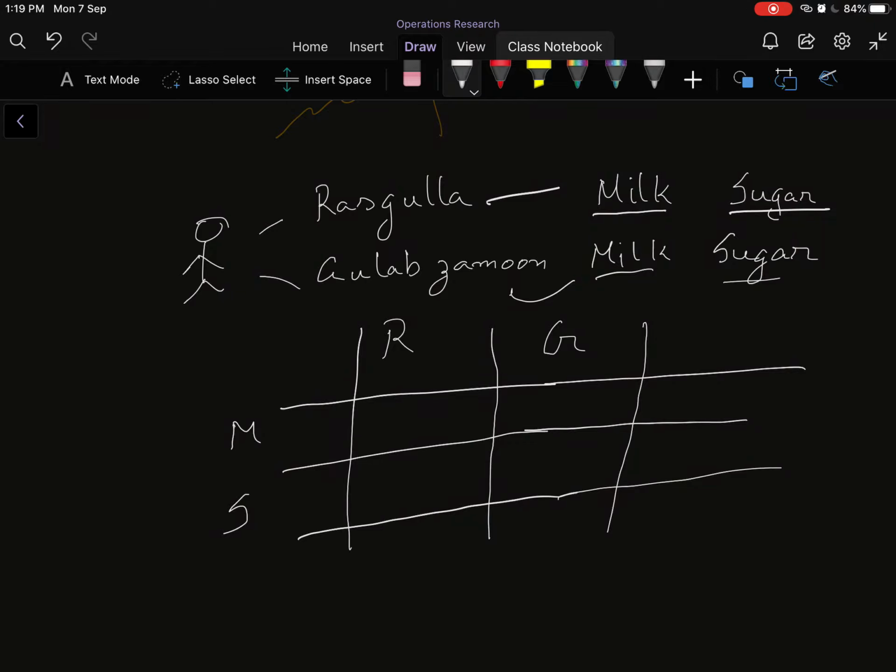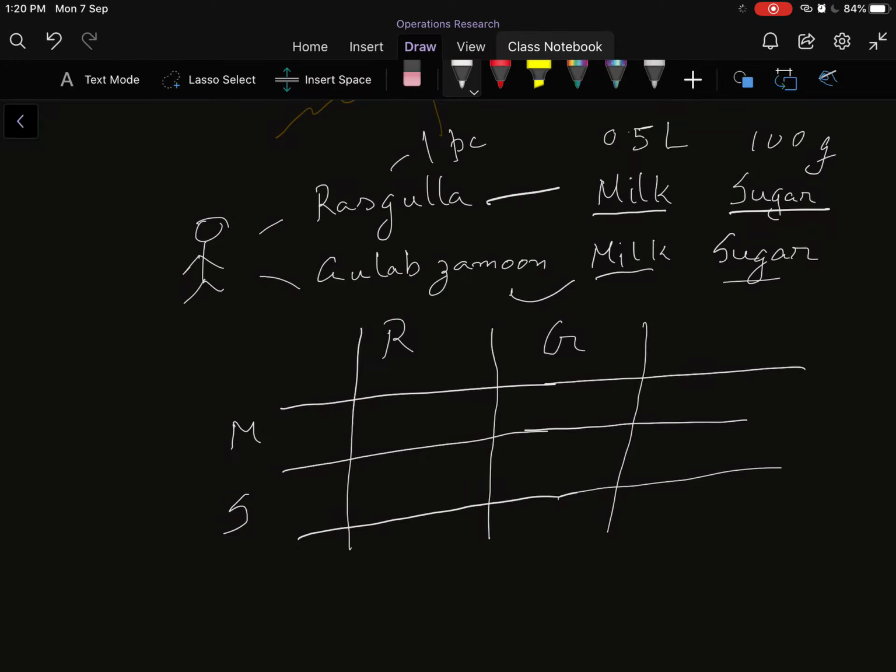Now let's say that for making one piece of rasgulla, the person requires 0.5 liter of milk and 100 grams of sugar.